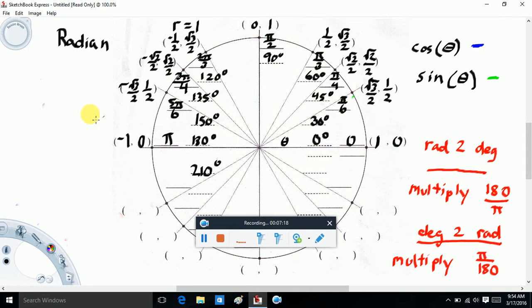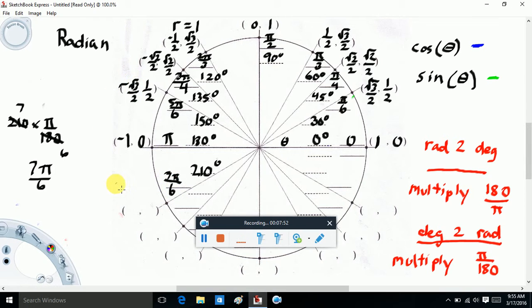To do that, I take 210 and multiply by pi over 180. I can take out 30 from each of these, so I get 7 pi over 6. 30 goes into this 7 times, 30 goes into this 6 times. So our radian measure is 7 pi over 6.